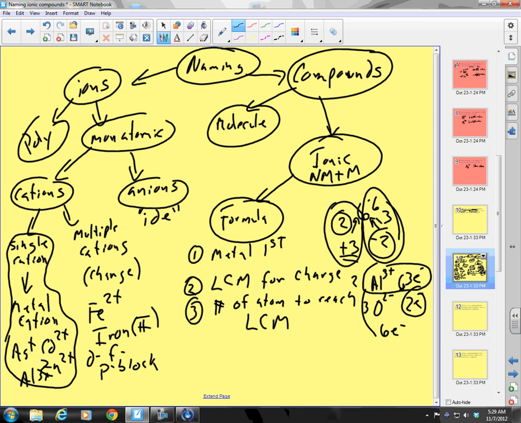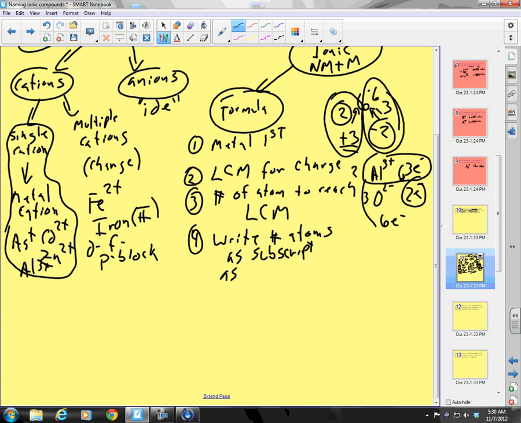Number 3, number of atoms to reach least common multiple, and then 4, add number of atoms as a subscript after element symbol.